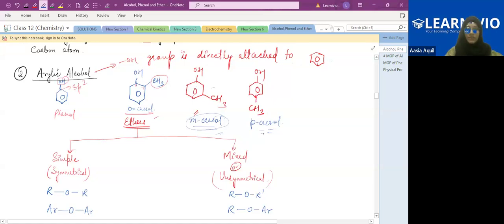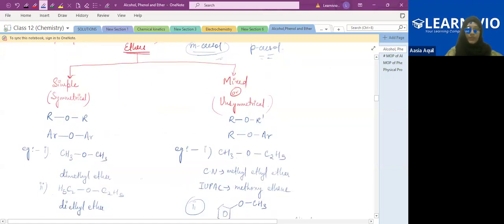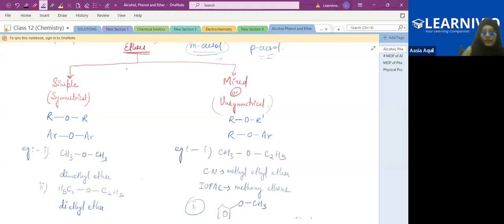Now coming to the ethers. What are ethers? We have discussed already, right? Ethers are basically the ROR group.